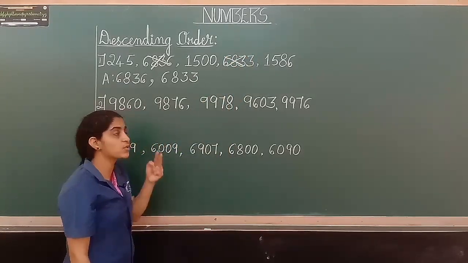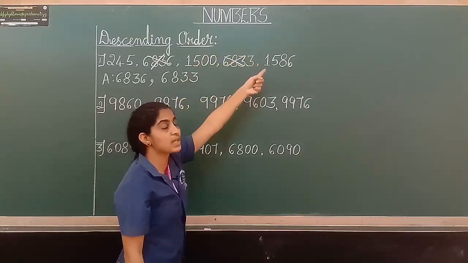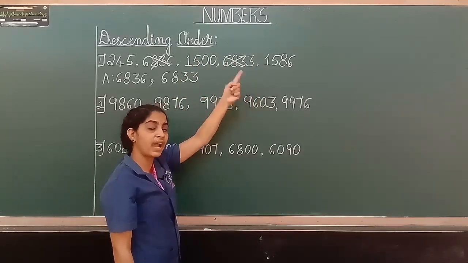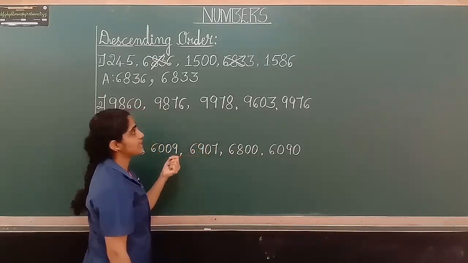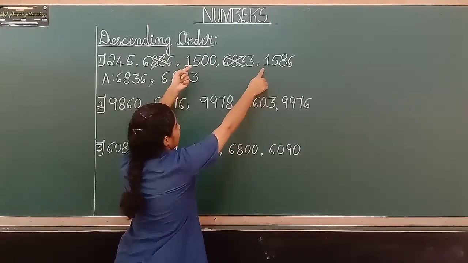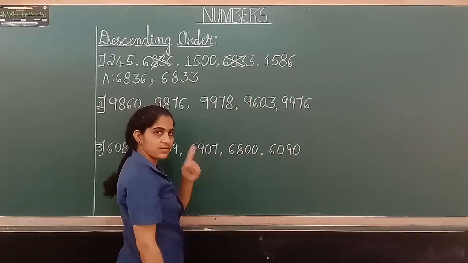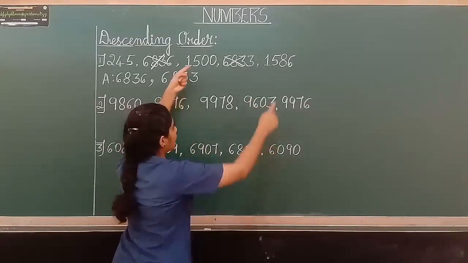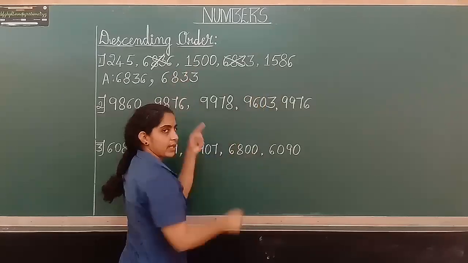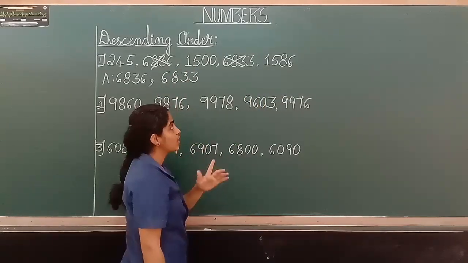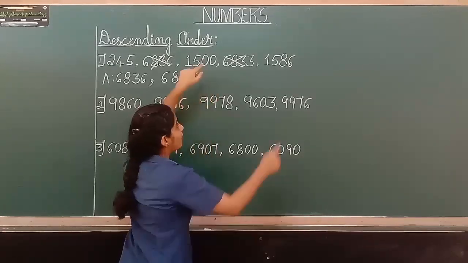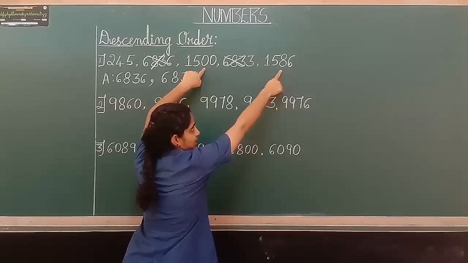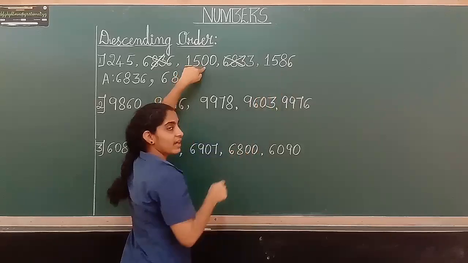Now we have to compare these two numbers and identify which is the greater number. Let us compare. If you see the first digit, at both places we have 1. If we move to the second digit, here also we have 5. So what we have to do? We have to compare the third digit. When we compare the third digit, here we have 8, here we have 0.